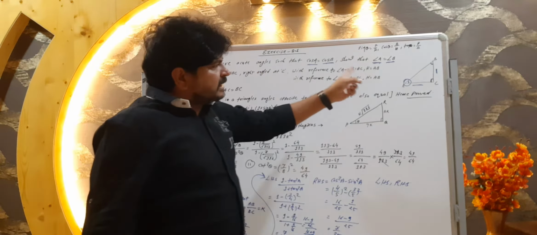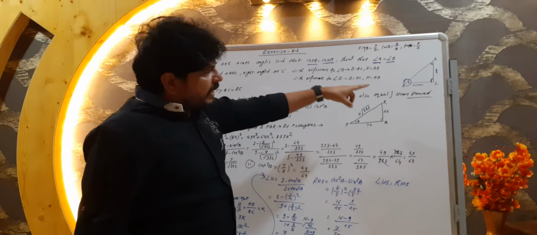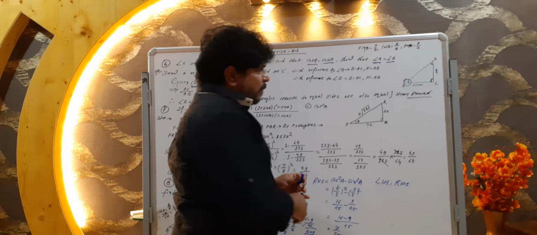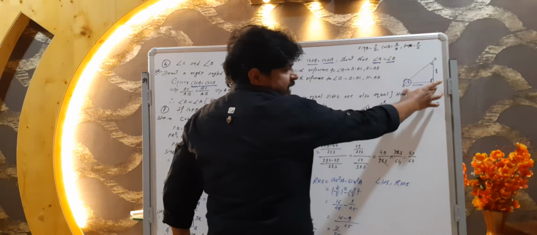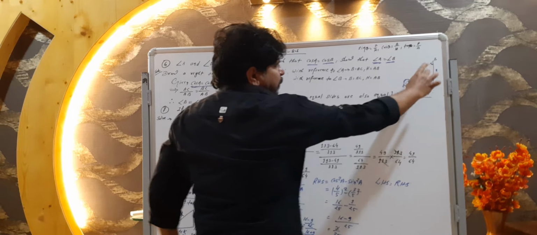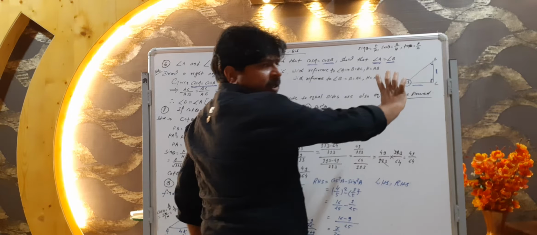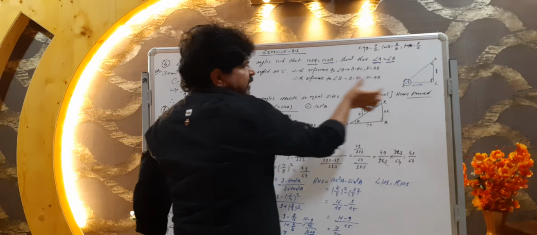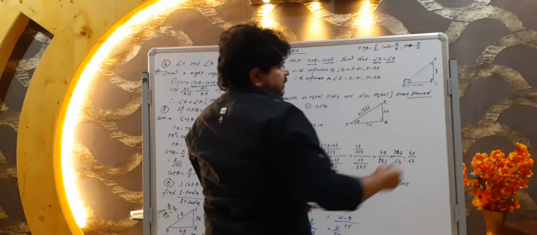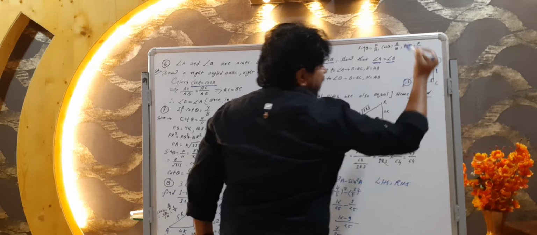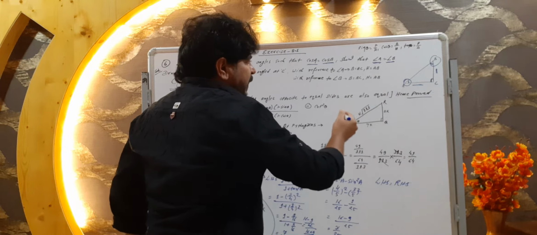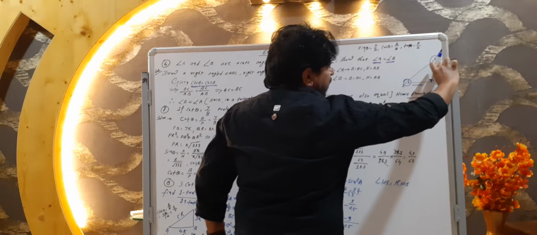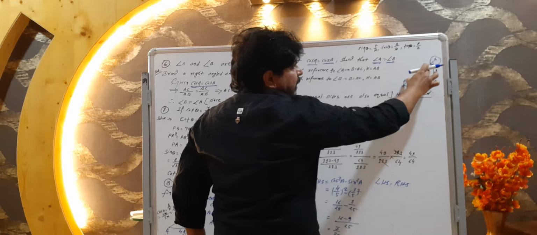First of all, we will find these with reference to angle A. With reference to angle A, the base would be AC and the hypotenuse AB. Base AC, hypotenuse AB. And with reference to angle B, the base would be BC and the hypotenuse is the same, AB.